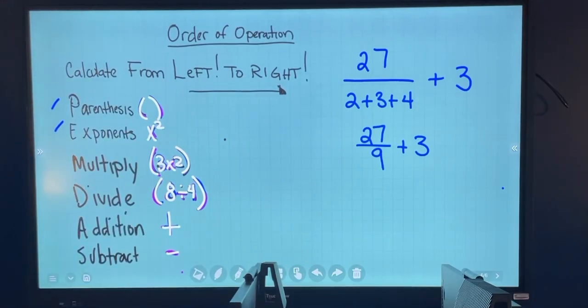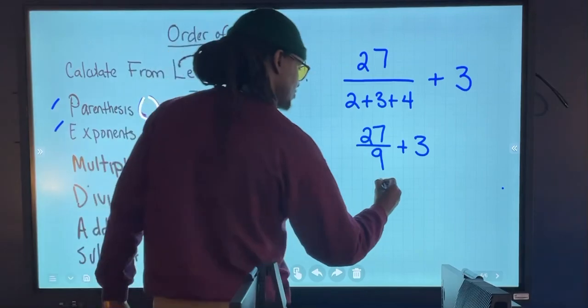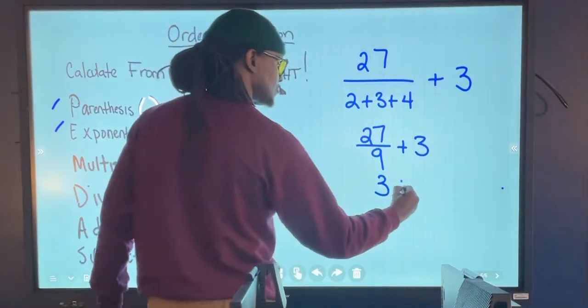What operation do we do next? Well, before that, what do you do? 27 and 9 make what? 3. And then, like she said, very good, 3. And then 3 plus 3 is 6.